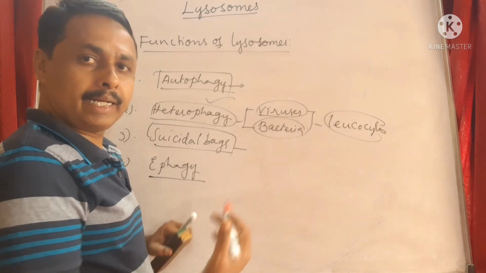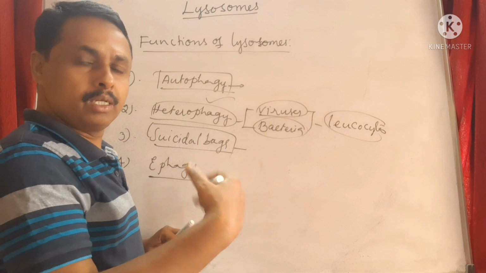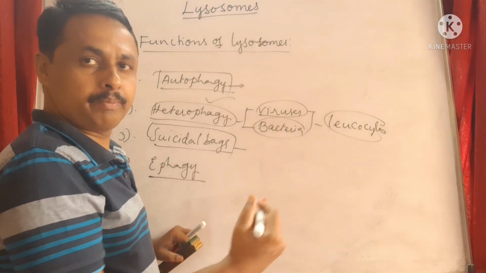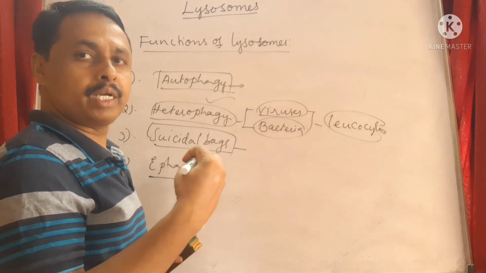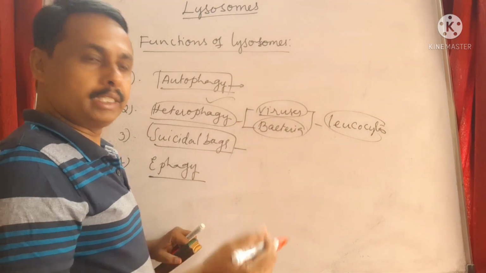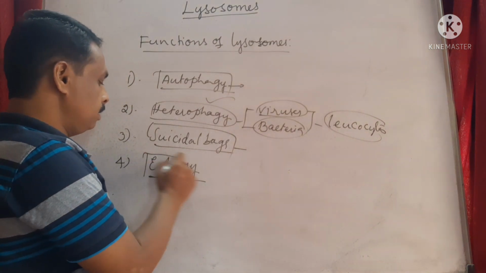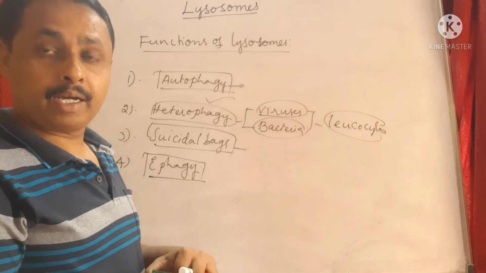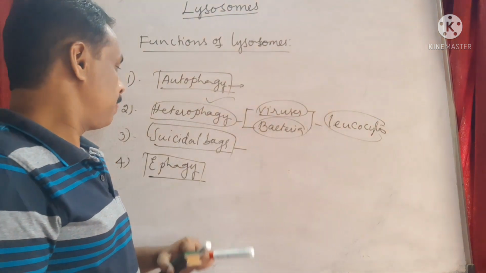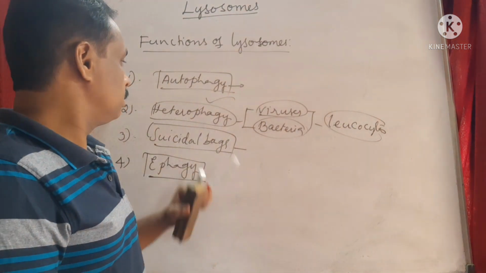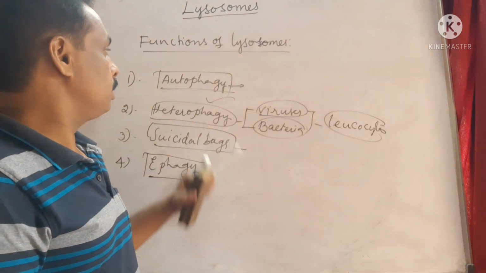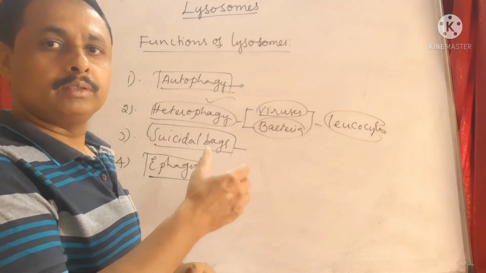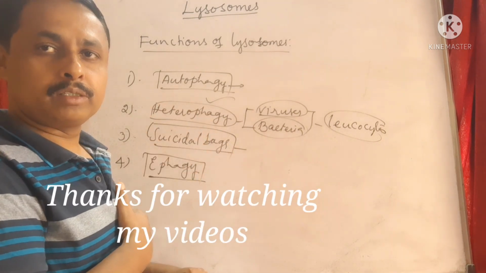They collect the undigested food particles present within the cytoplasm of the cell, move on to the plasma membrane and discharge the material outside. That activity is called E-Phagy. So they act as E-Phagosomes, suicidal bags, heterophagy and autophagy. These are the functions of lysosomes.